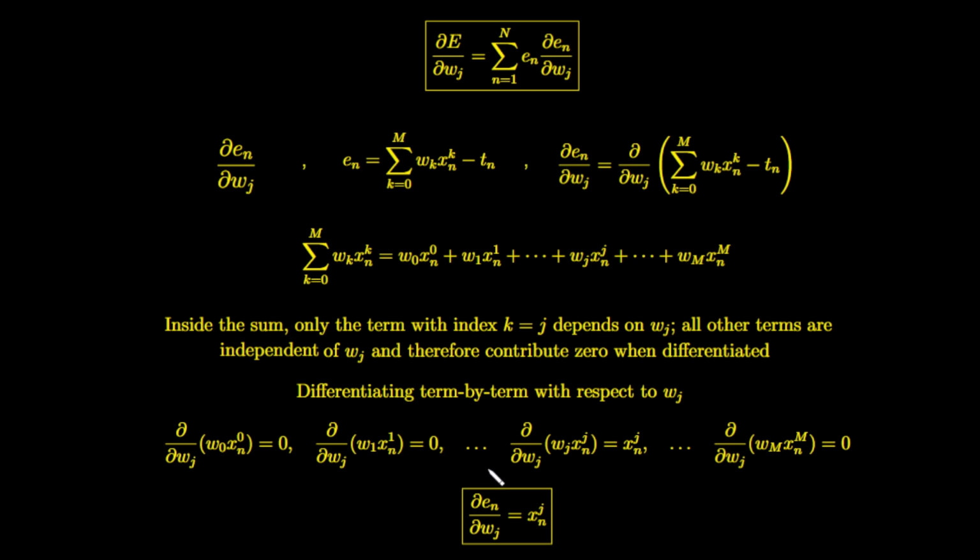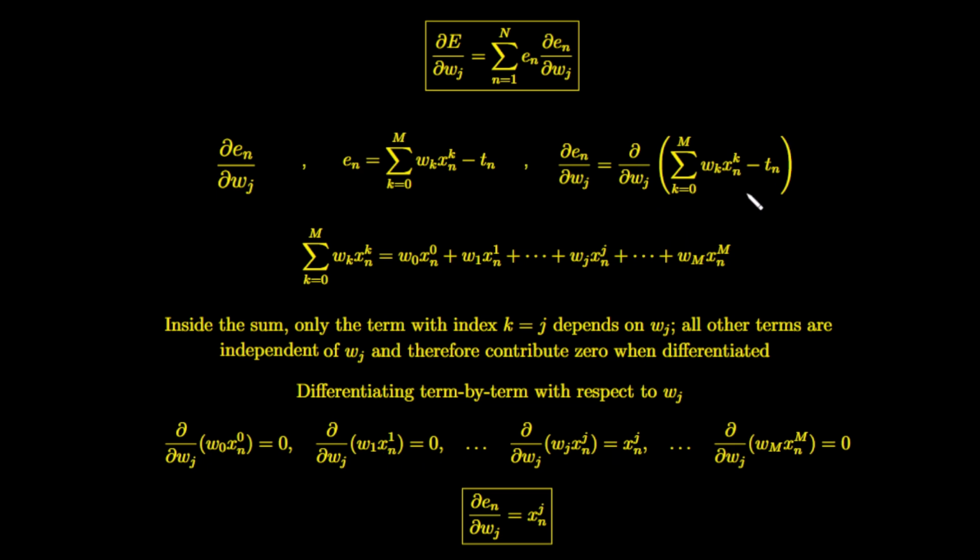So we're only going to get an output whenever the value of our partial by partial wj is the same value of the j here and the j here. If they aren't, then they're going to contribute 0 to this differentiation. So this is really a statement that the values w0, w1, w2 and so on and so forth are completely independent of one another.